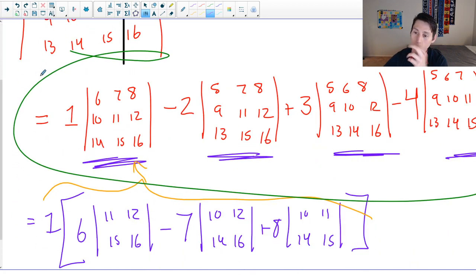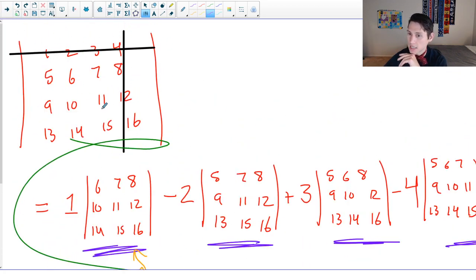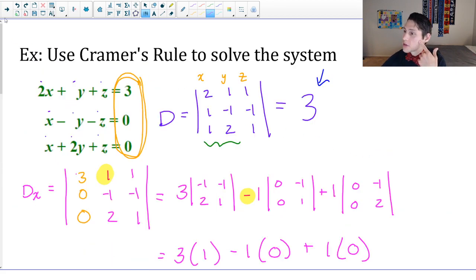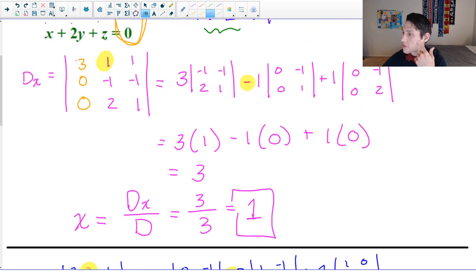Yeah, so the general rule is you do this process of crossing out the row and the column, and then the alternating signs, positive, negative, however long it goes. And then the problem is it just creates a lot of work. A 3 by 3 matrix determinant is this, which isn't horrific.